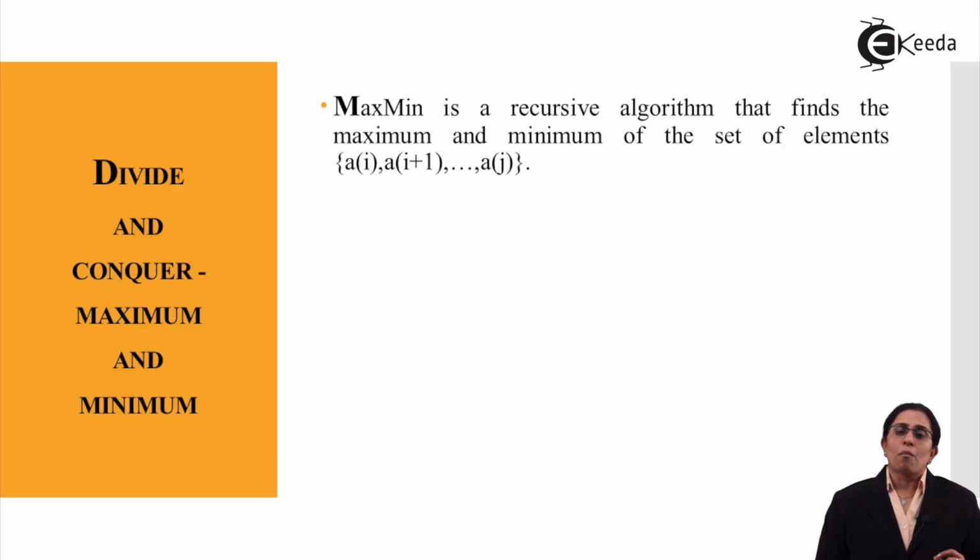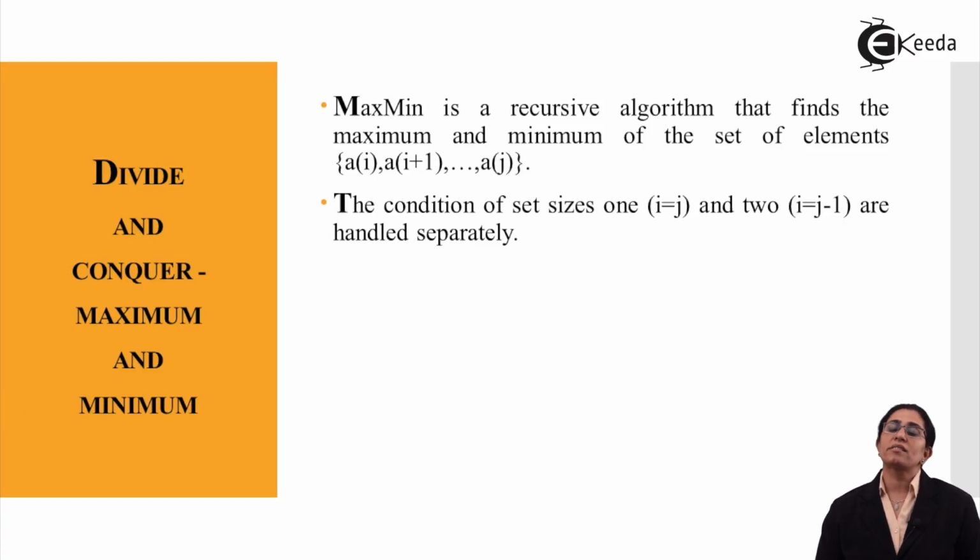So Max-Min will be used as a recursive algorithm that finds the maximum and the minimum of the set of elements a[i] till a[j]. These just denote the index values of my problem.